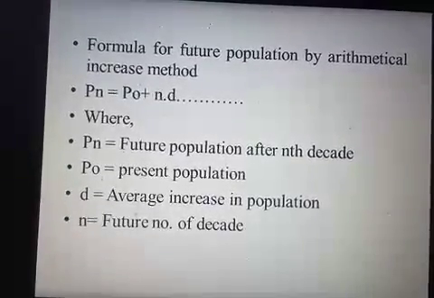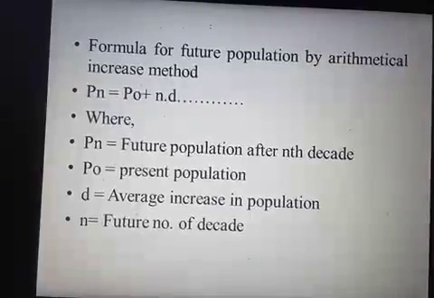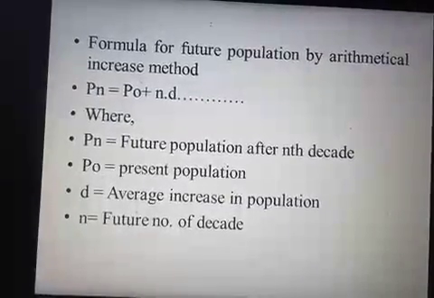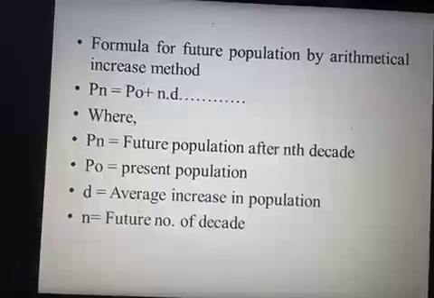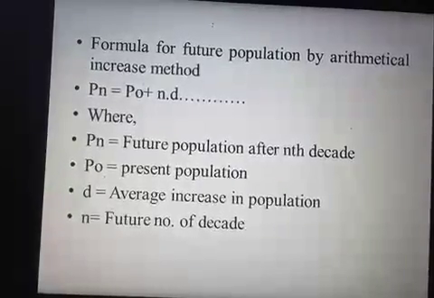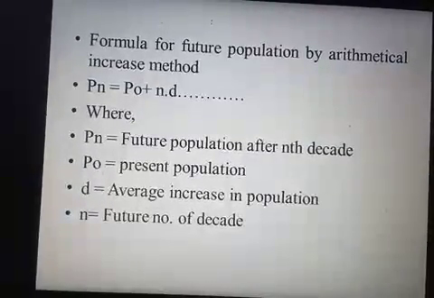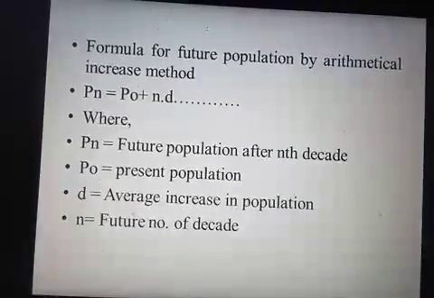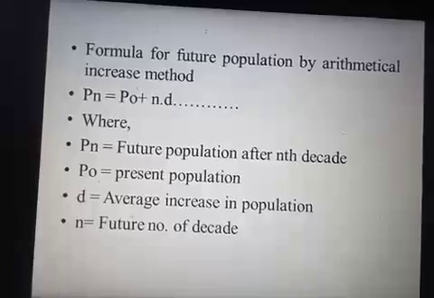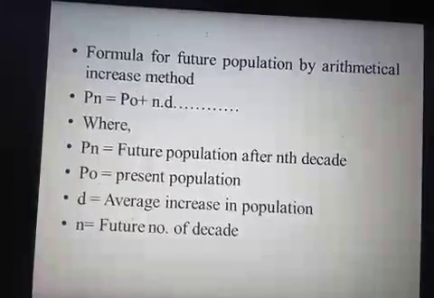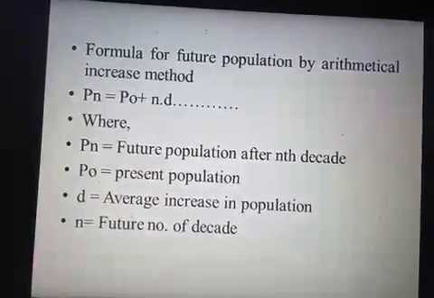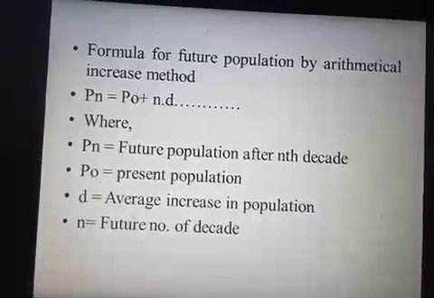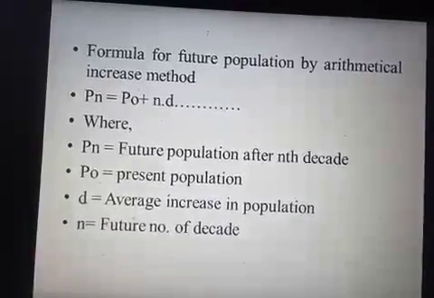Pn is the future population after the nth decade. Here the future year is given as 2051. P0 is the present population, given in the last row of the table, 90,000. d is the average increase in population. n is the future number of decades.